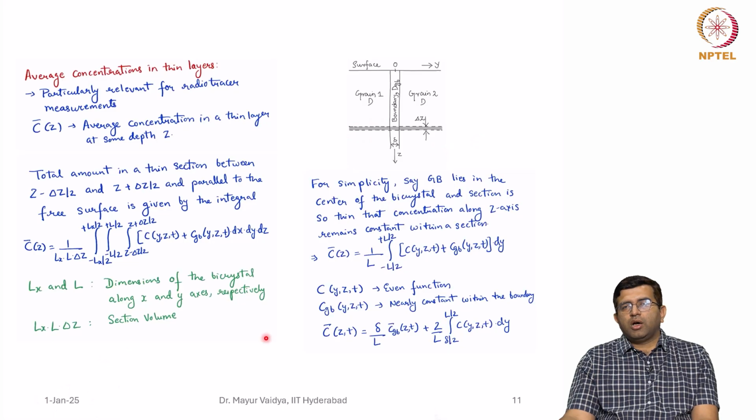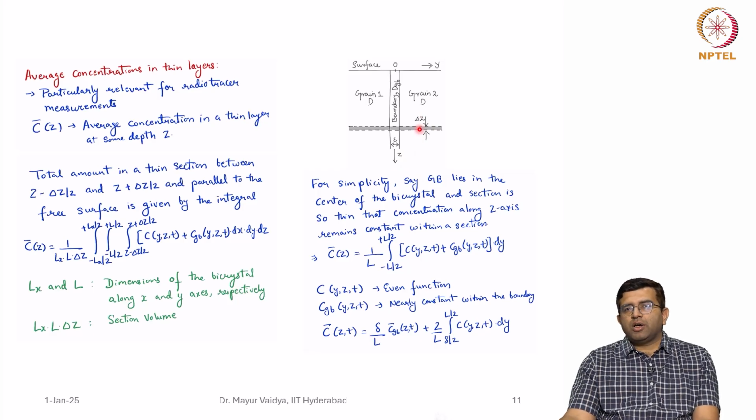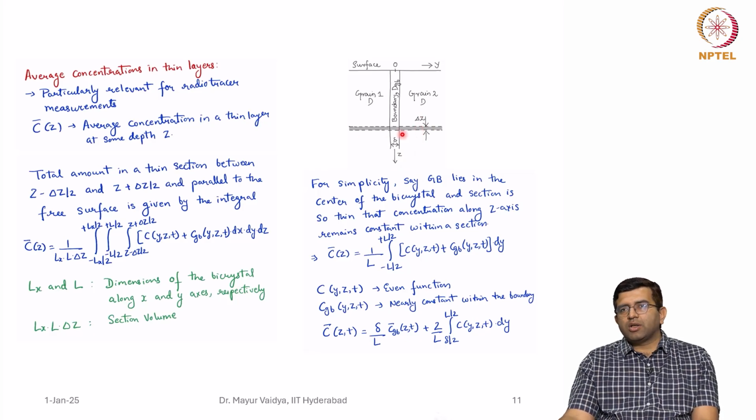Now, to simplify, what is assumed is that this lies in the center of the bicrystal, and the section is so thin that along the z axis the variation is not much. So, that means you can remove that integral.